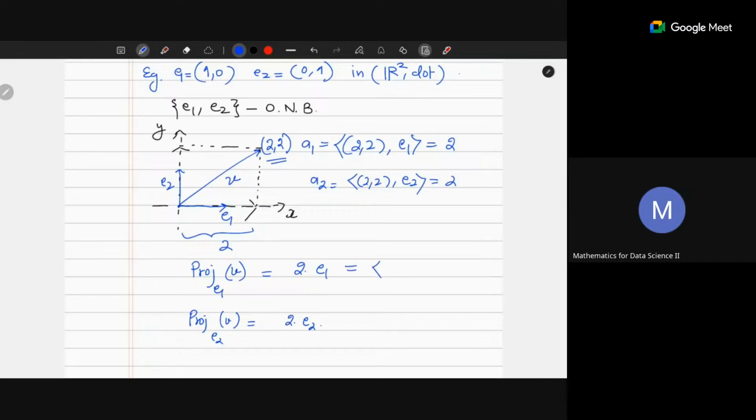And how did I obtain 2? 2 was obtained by taking the dot product with respect to E1. Similarly, taking the dot product with respect to E2. Is this projection clear to all of you?